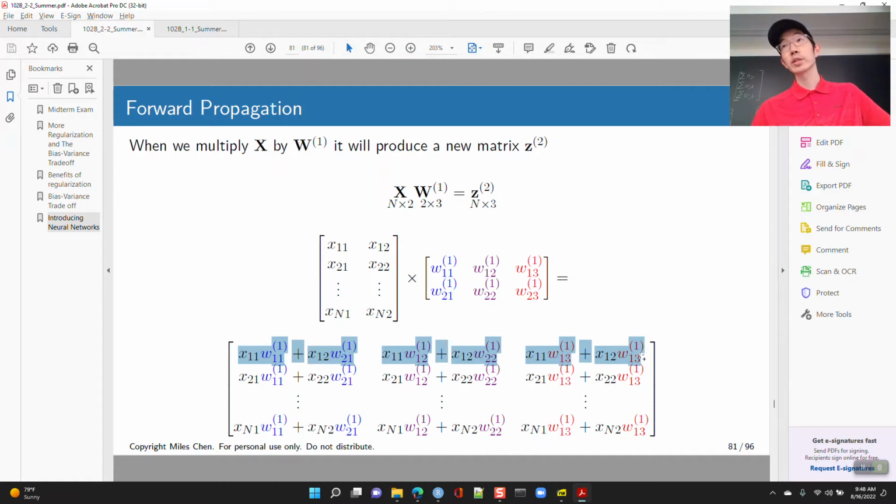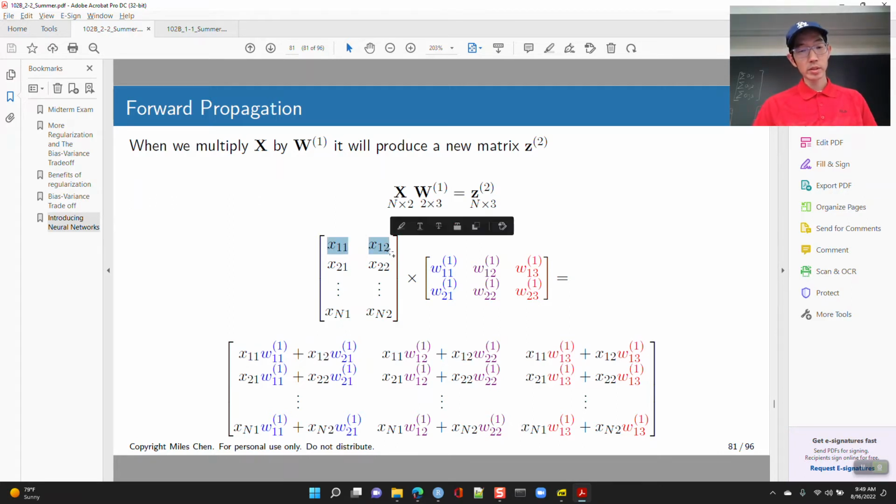It's 1 by 3, right? We've got 3 values in it. And we're saying, okay, well, the way we got that was we took this first row in X, which is 1 by 2, and we're multiplying it by this 2 by 3 matrix.